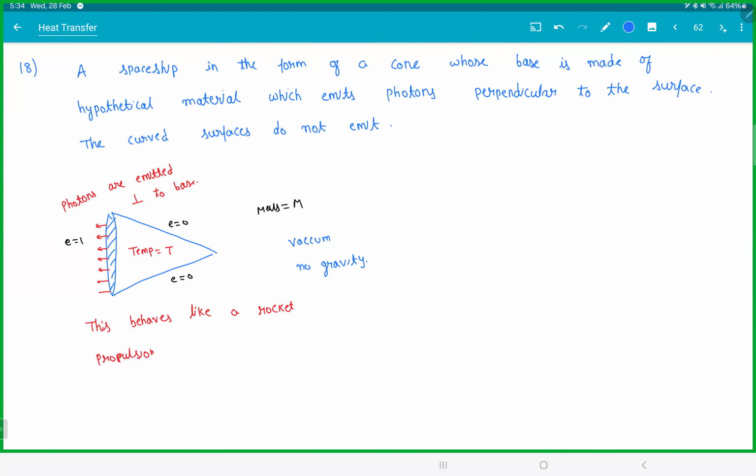So the temperature of the ship is maintained at T. Initially, the system is at rest. Find the velocity of the spaceship as function of time t.